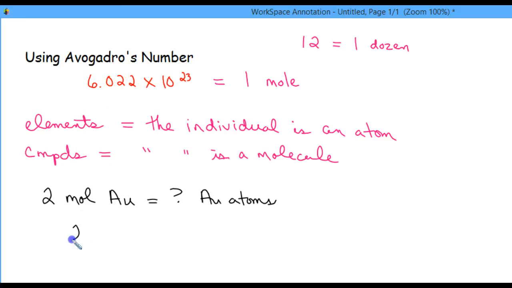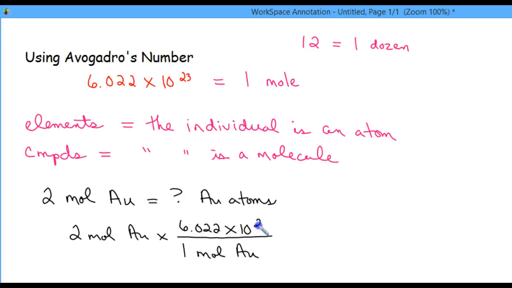So if you have 2 moles of gold, we're going from moles, so we want moles on the bottom. And 1 mole is equivalent to 6.022 times 10 to the 23rd gold atoms.